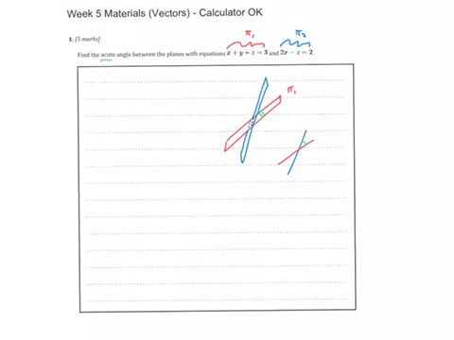Now, what I can do is take the normal out of pi 1. Remember, the normal is perpendicular, so this would be normal 1. And I could take the normal out of pi 2, and then I can find the angle between those two.